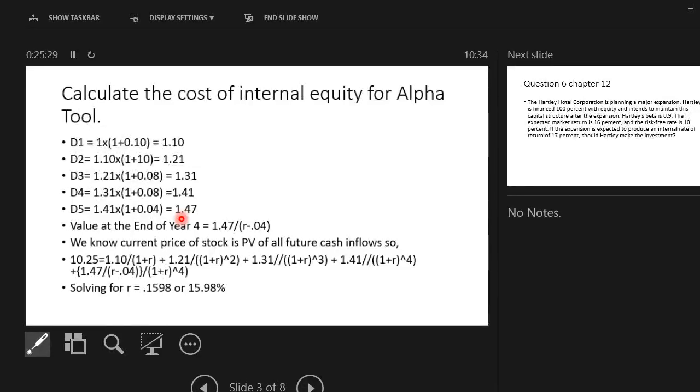Okay, 1.10. 1.21. Okay, I'm just trying it out on my calculator so that when you do it, you also get the correct answer.